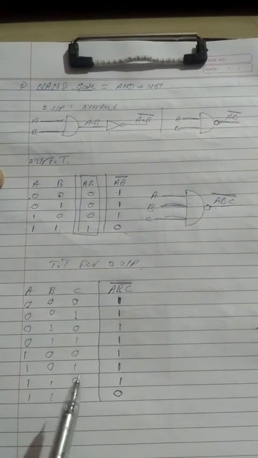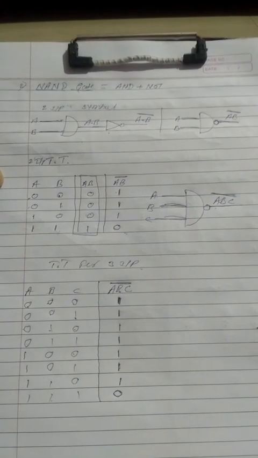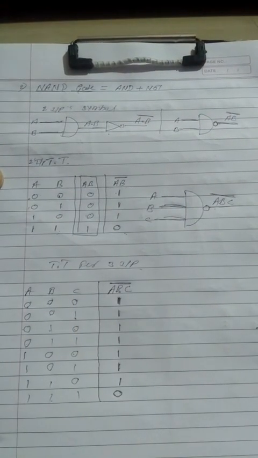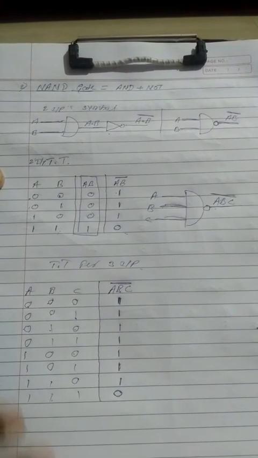So this is the three inputs NAND gate truth table. This is the two inputs symbol, this is the three inputs symbol. So this is our second derived gate, that is the NAND gate.